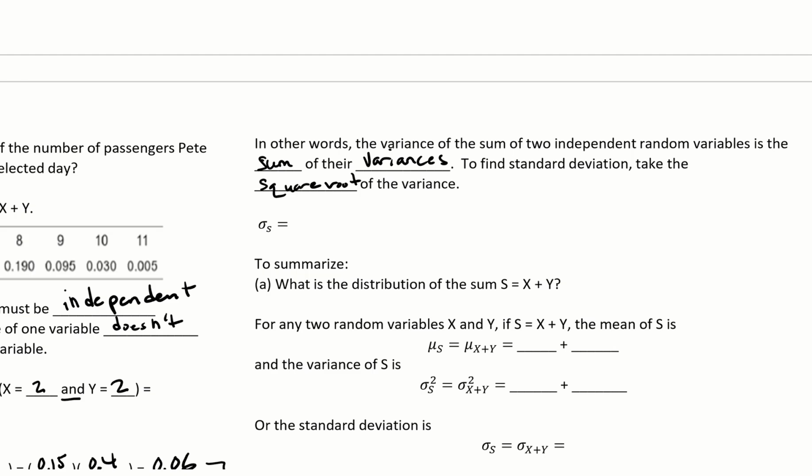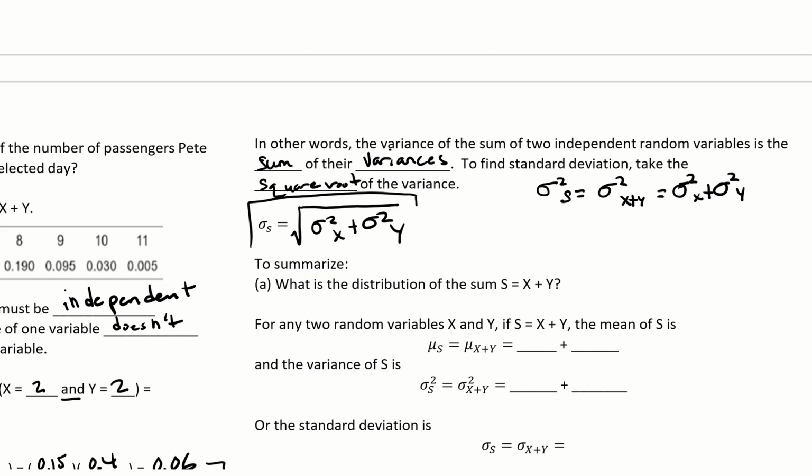So sigma squared s, which is sigma squared x plus y, we know that that's equal to sigma squared x plus sigma squared y. So if I take the square root of that, that gives me the standard deviation. So the square root of sigma squared x plus sigma squared y. And that's your formula for sigma s, okay?